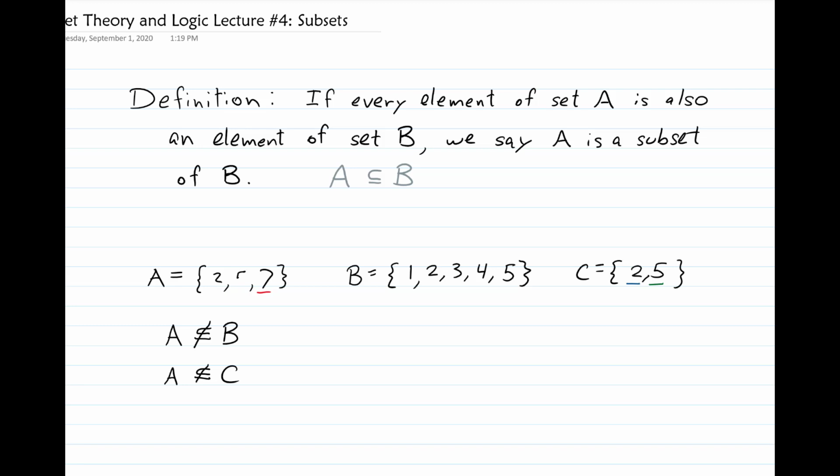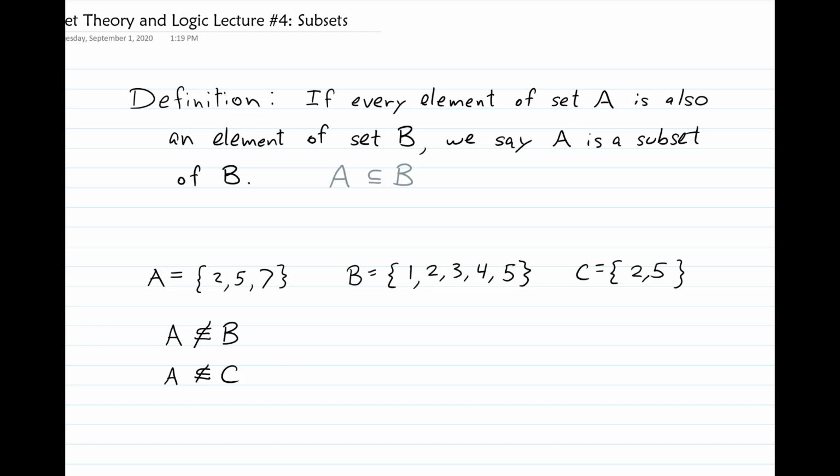Okay. Let's look at some of the other sets. How about this? Is A a subset of anything that's written here? So there are 3 sets written. Is A a subset of any of those 3?